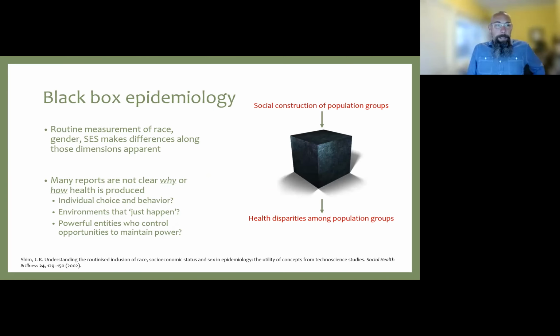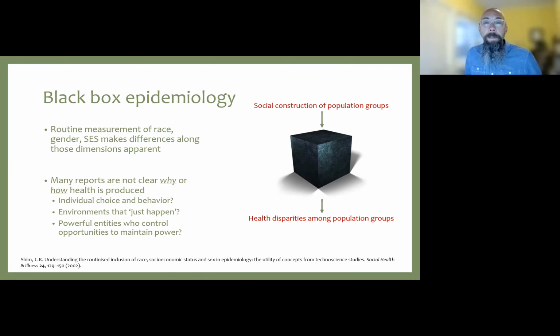So one challenge, this comes from a couple papers in sociology that have been critical of social epidemiology. And they're critical of the way that a lot of health disparities, I put kind of in quotes, health disparities research, social determinants of health research, has inadvertently caused some harm.